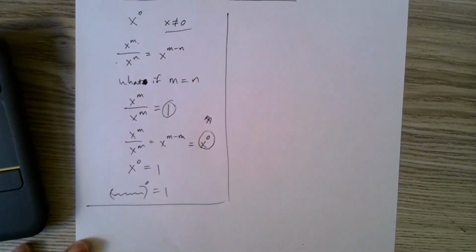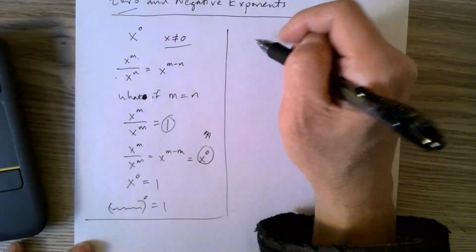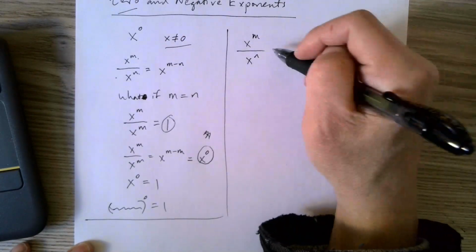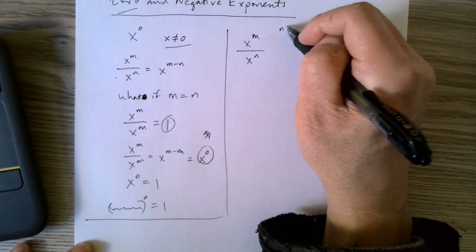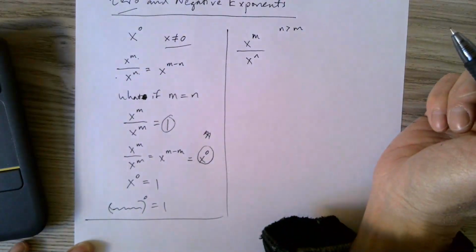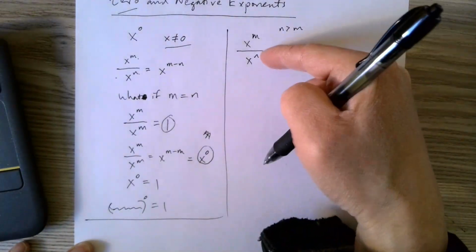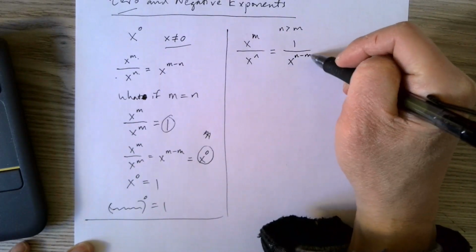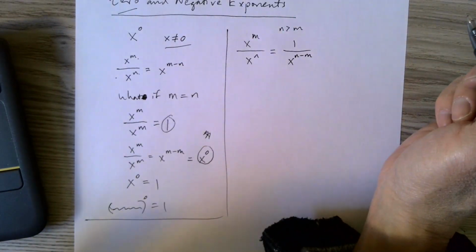Now, negative exponents. We also said in the division rule that if n is bigger than m, this becomes 1 over x to the n minus m. That has not changed. That is true.